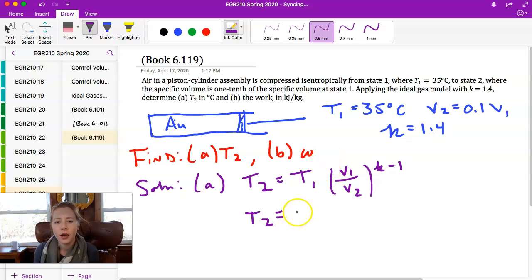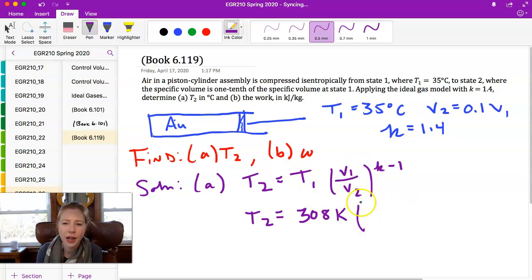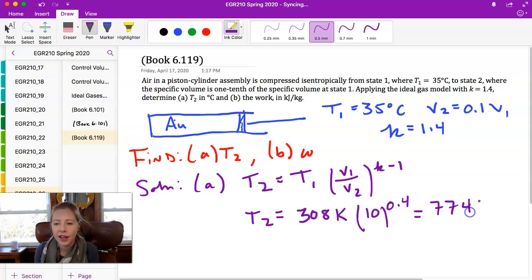So T1 is going to be 308 Kelvin, so 35 plus 273, and then we're going to multiply by V1 over V2, and so it's V1 over 0.1 V1, and the V1's cancel, so we end up with 10 to the power of 1.4 minus 1, which is 0.4, which is going to give us 774 Kelvin.